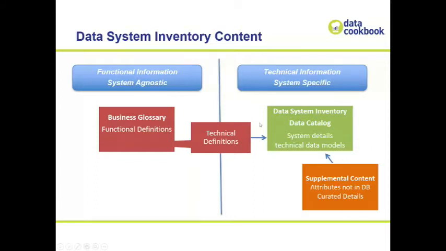But you also have, within the data catalog, supplemental content. You might hear me say, or we'll probably say several times here, that I'm going to talk about raw or synchronized information and curated information. So when you say I've got a data system here that's a SQL Server database, and all of the tables and columns and everything, that's the technical data model.